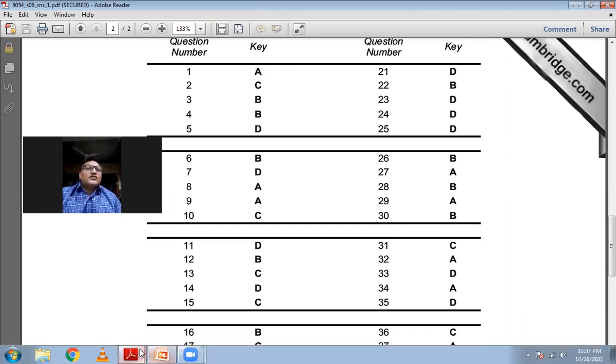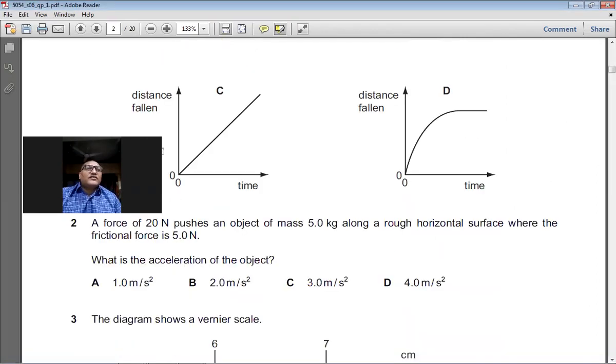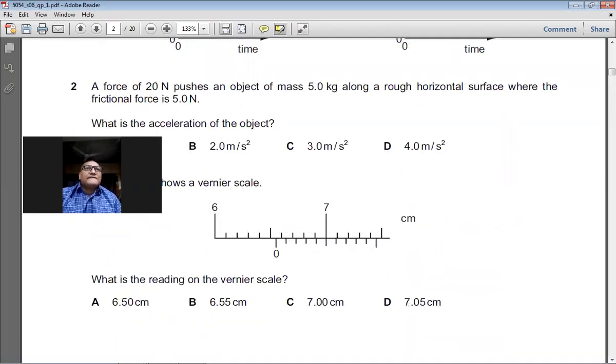Okay, so let's go to the next question. Here we go. A force of 20 Newton pushes an object of mass 5 kg along a rough horizontal surface where the frictional force is 5 Newton. What is the acceleration of the object?